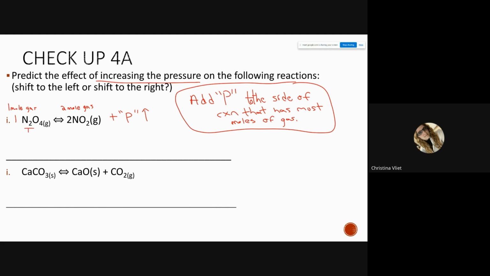So I'm increasing stress on the product side. And Le Chatelier's principle says the reaction is going to work to minimize that stress. Too much stress here means make more there, which means make more reactant, shift toward reactants, or shift to the left.